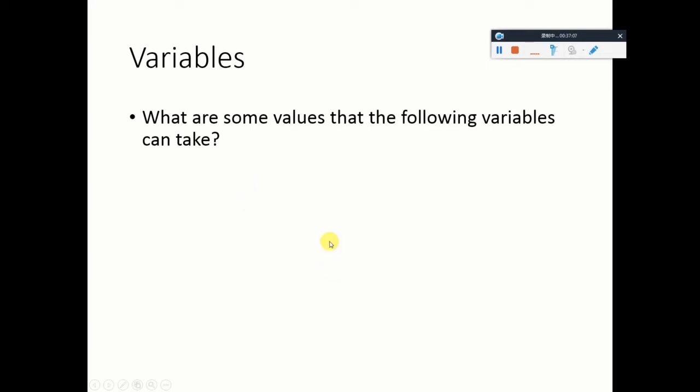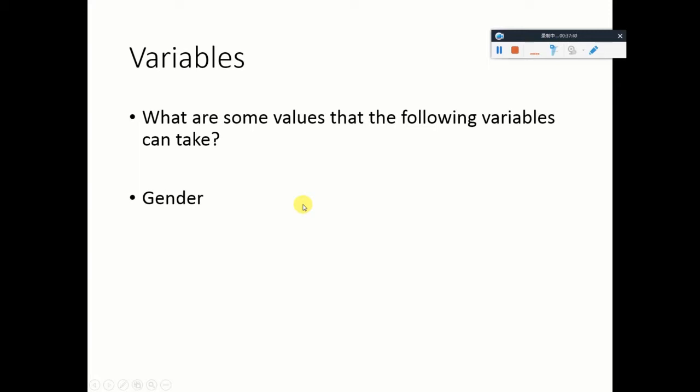I give you the values that some variables can take. Oh, okay, I'm jumping ahead. Previously, we were identifying whether a concept is a constant or variable. But here I'll give you variables. There will be no constants, and your job is to tell us, or tell yourself, what are some values that these variables can take.